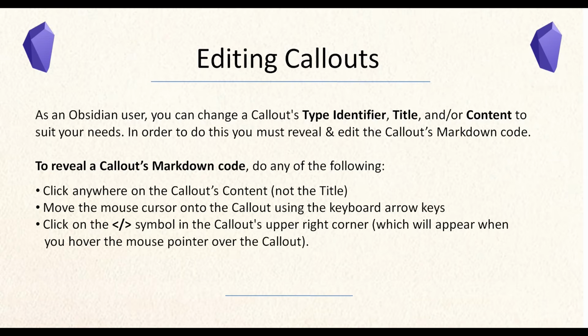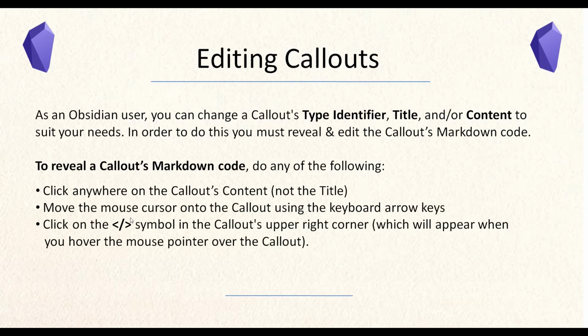You can click anywhere on the callout content other than the title. Or you can move the mouse cursor onto the callout using the keyboard arrow keys. Or you can click the symbol in the callout's upper right corner. It's a less than symbol, a slash, and a greater than symbol. That symbol only appears if you hover your mouse pointer over the callout.